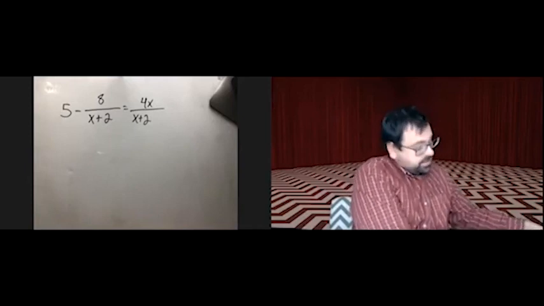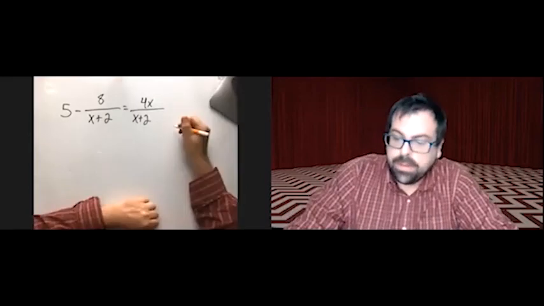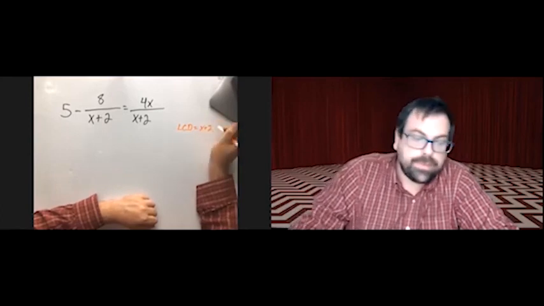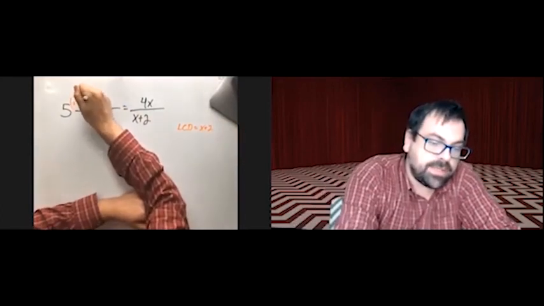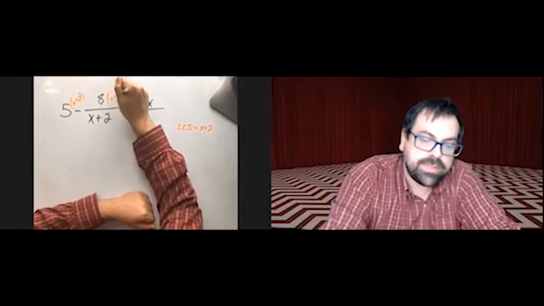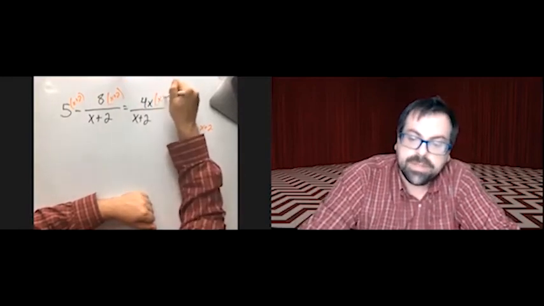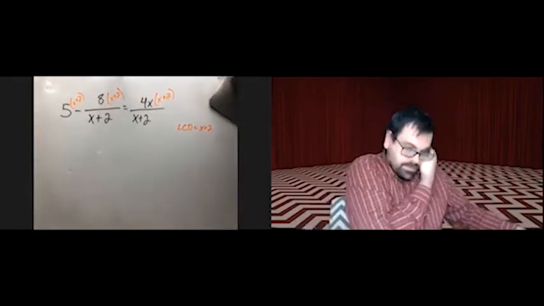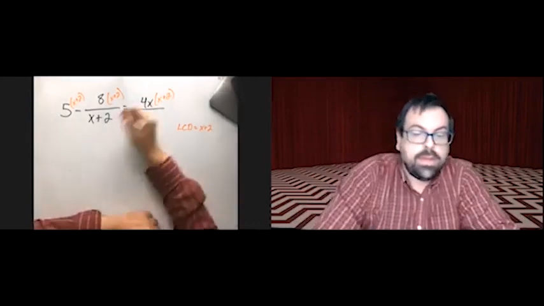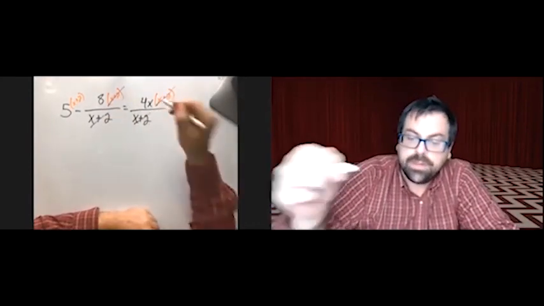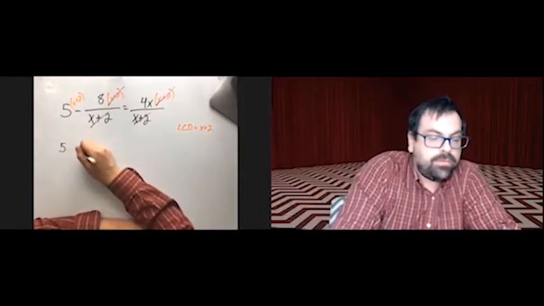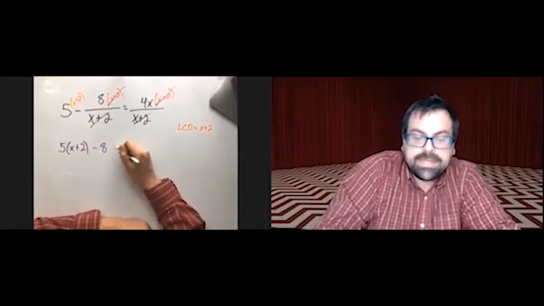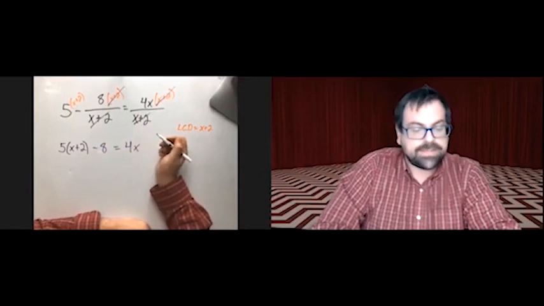The LCD of everything is x plus 2. So 5 times x plus 2, 8 times x plus 2, 4x times x plus 2. The x plus 2's cancel. We're left with 5 times x plus 2 minus 8 equals 4x.